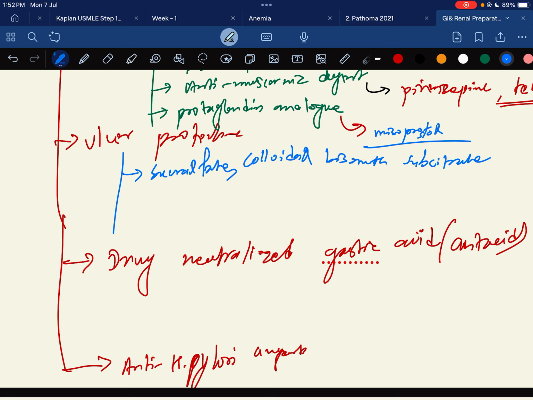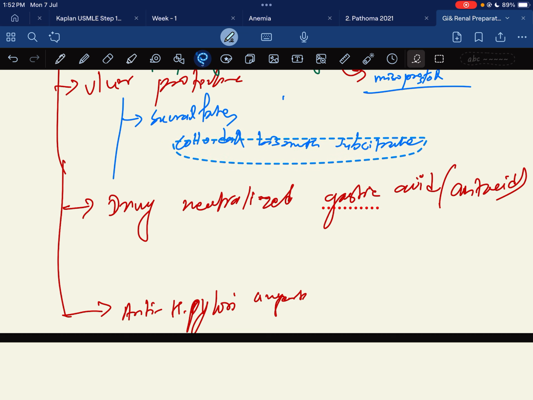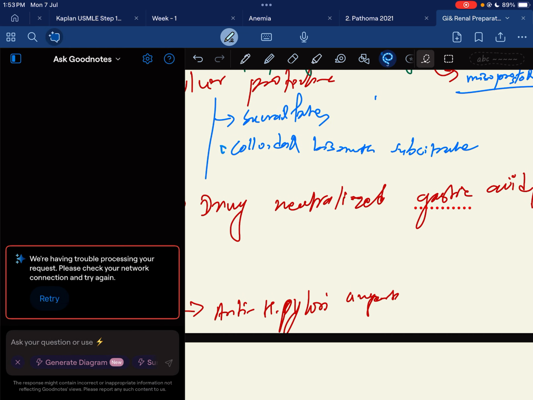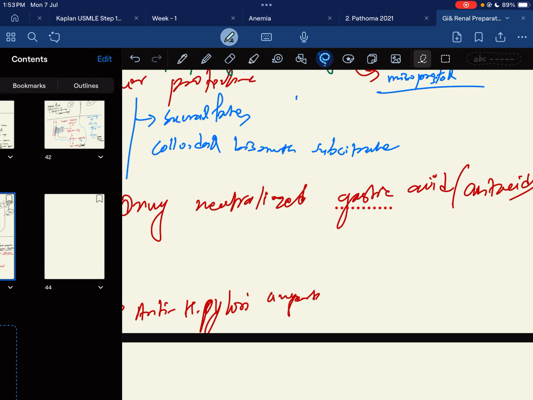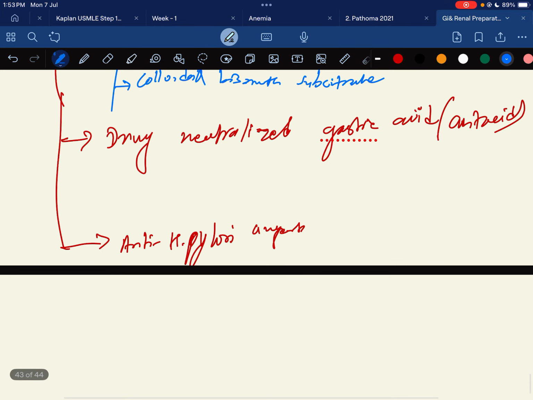Then regarding drugs that neutralize the gastric acid, antacids are classified as systemic and non-systemic.